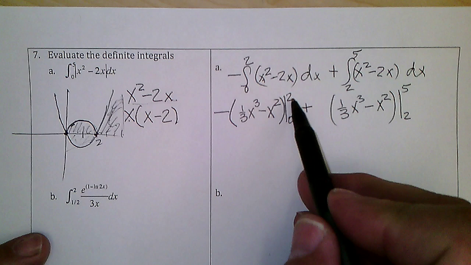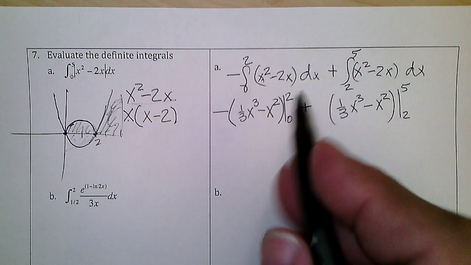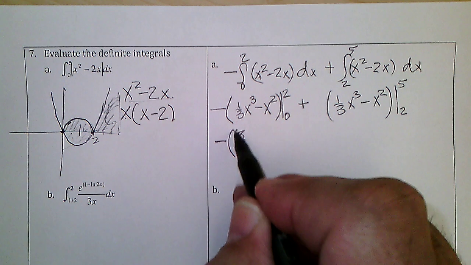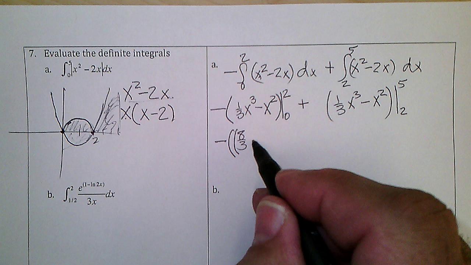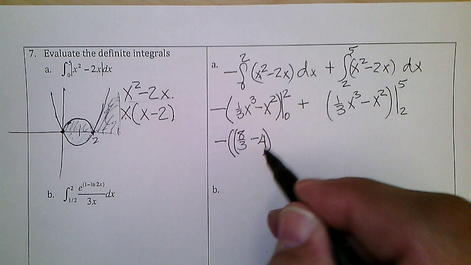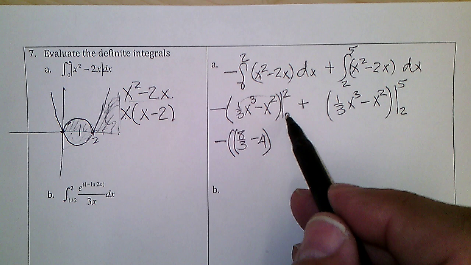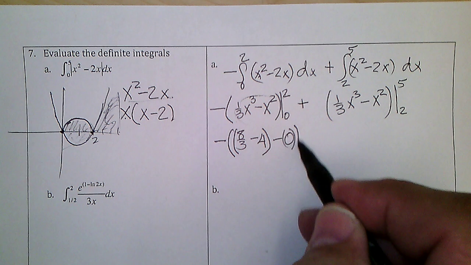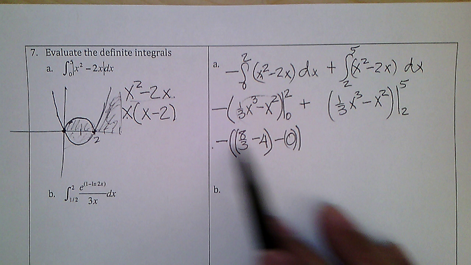Now we put the 2 in, we get 8/3. And we put 2 in there, we get minus 4. That's the 2 in here. Minus putting 0 in there. And we got to take the negative of all that.